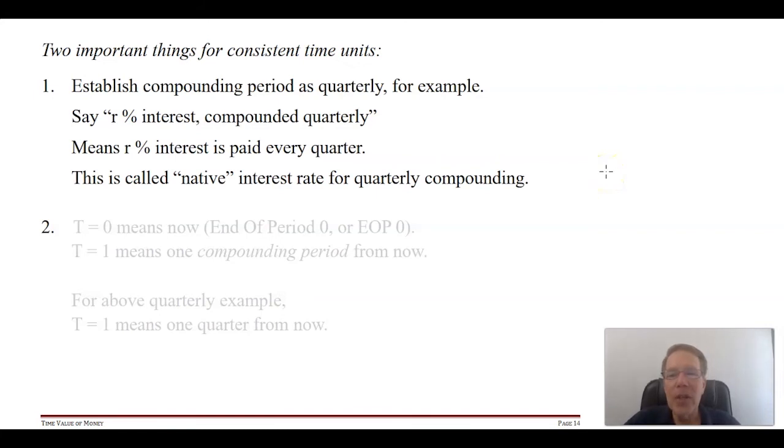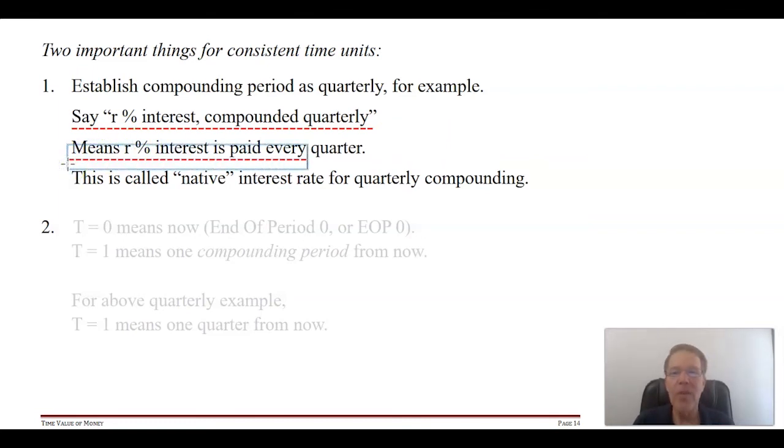Okay, so a couple important things. How we talk about this: let's say we're establishing a quarterly compounding period. How we're going to describe the interest rate or the discount rate is R percent interest, comma, compounded quarterly. That way we know there's no question about it. What does that mean?